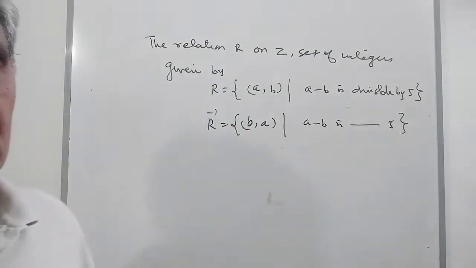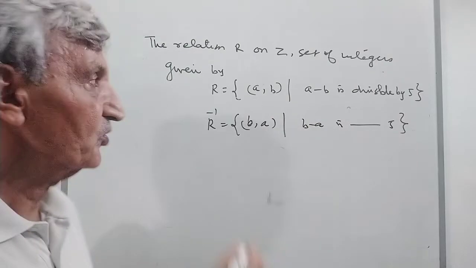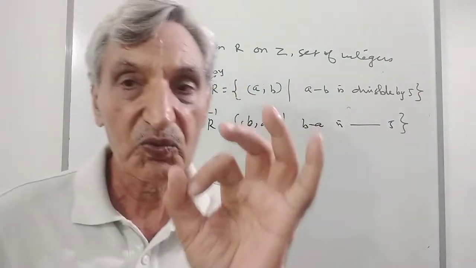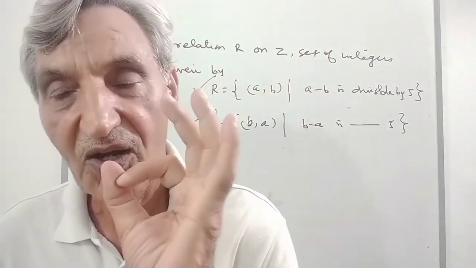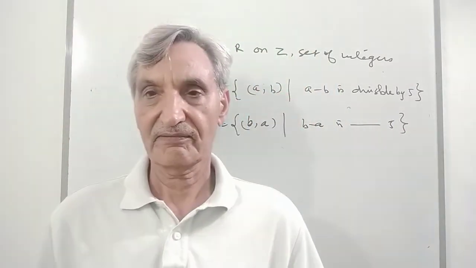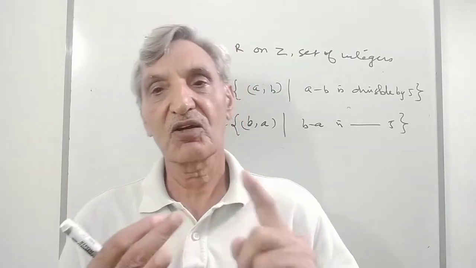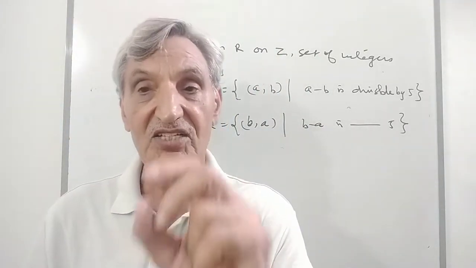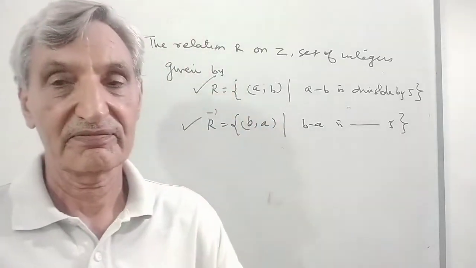Inverse is B minus A is divisible by 5. दोस्तों ये इक्विवेलेंस रिलेशन है तो ये भी इक्विवेलेंस रिलेशन होगा. इनवर्स ऑफ ए इक्विवेलेंस रिलेशन इज ऑलवेज इक्विवेलेंस. रिपीटिंग, inverse of equivalence relation is equivalence and intersection of two equivalence relations is always equivalence.